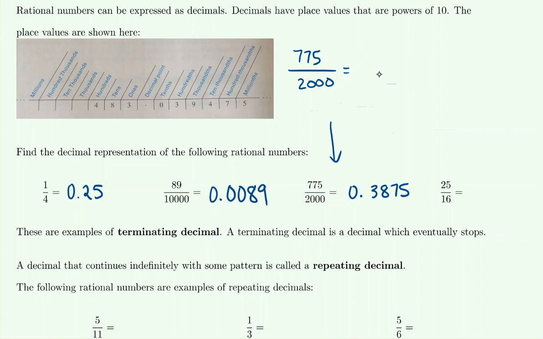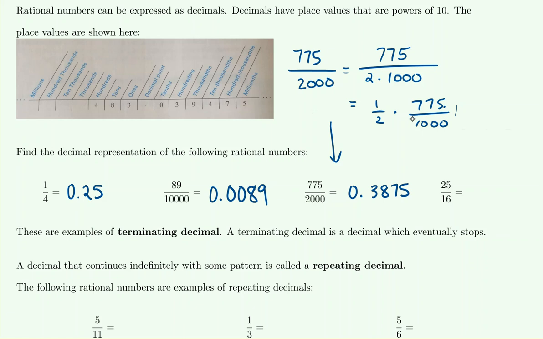So I would first rephrase this as 2 times 1,000, that's what 2,000 is, dividing into 775. We can split this apart into 1/2 times 775 over 1,000. This we can calculate using a similar principle. 775 currently has a decimal place there.